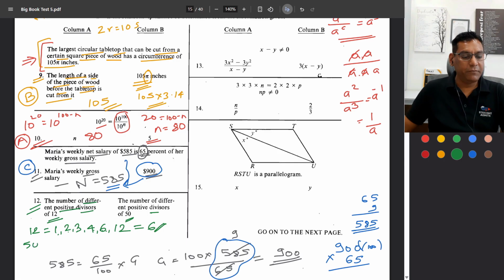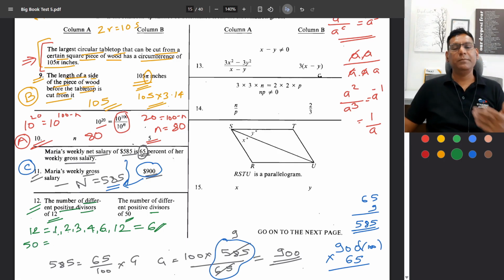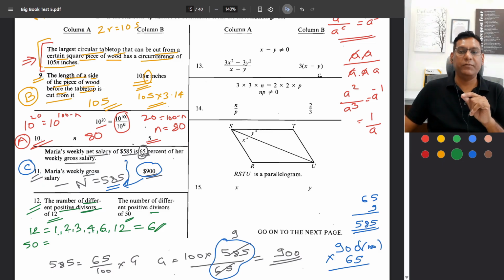Let's do the same for 50. See how generally you don't have to count all the way till 50. You just have to count till 25, because after 25 there is not going to be any number that will be a divisor of 50, correct? Because 50 by 2 is 25.